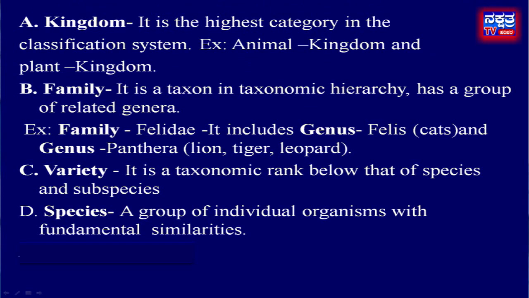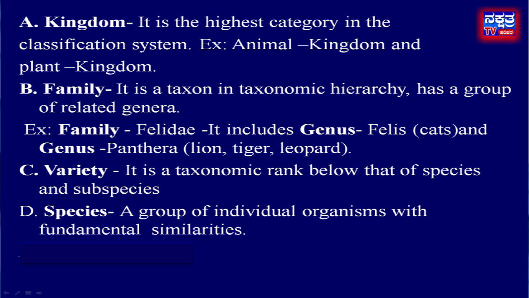Kingdom is the highest category in the classification system. There are two kingdoms in the living world, or all organisms are classified into two kingdoms based on their characters. First, the animal kingdom, then the second kingdom is the plant kingdom.